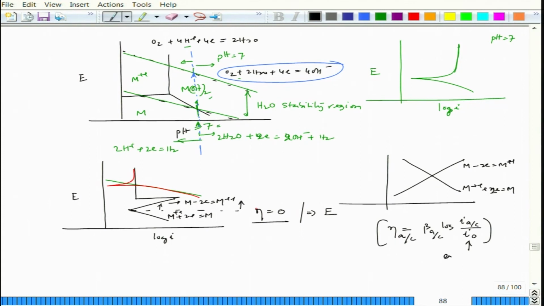Exchange current density. So this particular point corresponds to overpotential 0 and I equal to I naught.